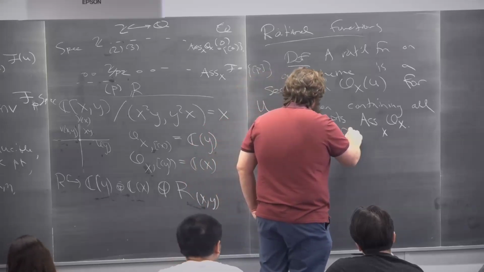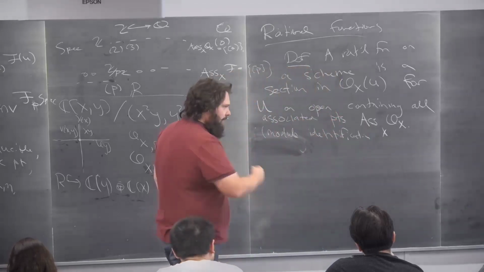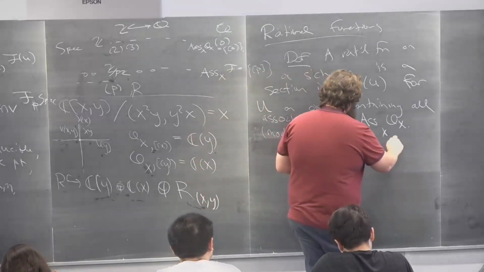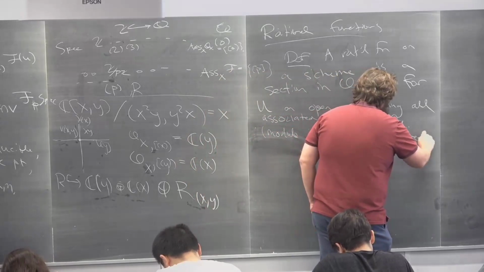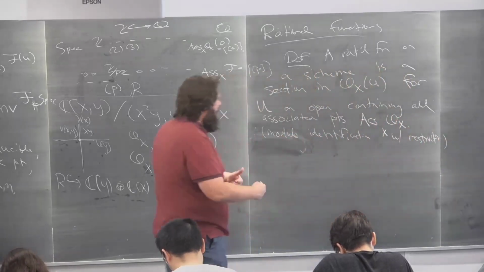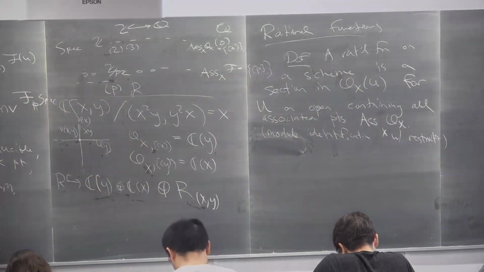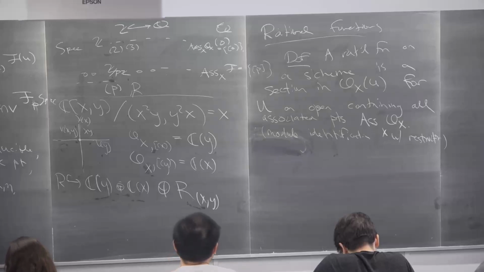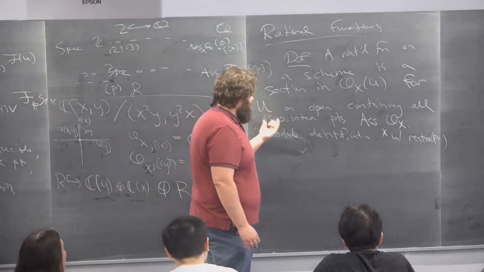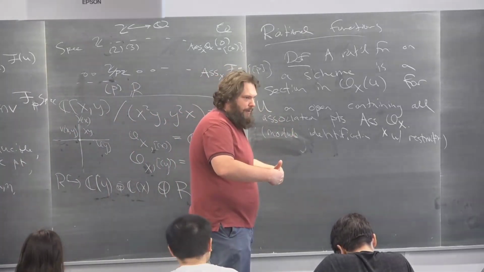If I have a smaller open subset that still contains all the associated primes, I think of that as the same rational function if I restrict it. So if I want to say this the fancy way, I'd say the colimit over all such opens under inclusion. But as usual, this is a filtered colimit. If I take the intersection of two such opens, I get another such open.